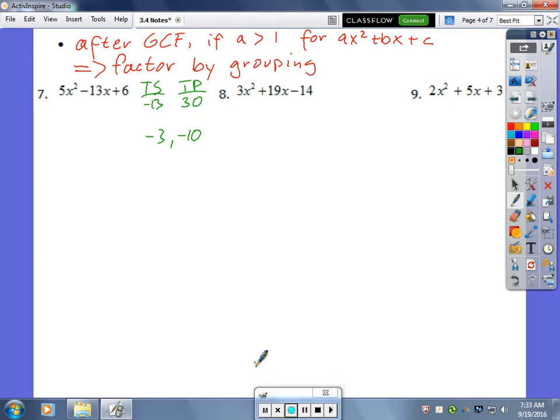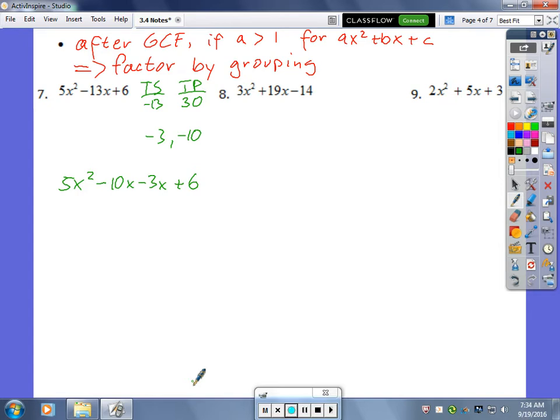What do I mean by that? We rewrite our trinomial into a polynomial with 4 terms. And instead of writing negative 13x, we write negative 10x minus 3x plus 6. Now realize that this polynomial is still exactly the same, or it has exactly the same value as the trinomial above.